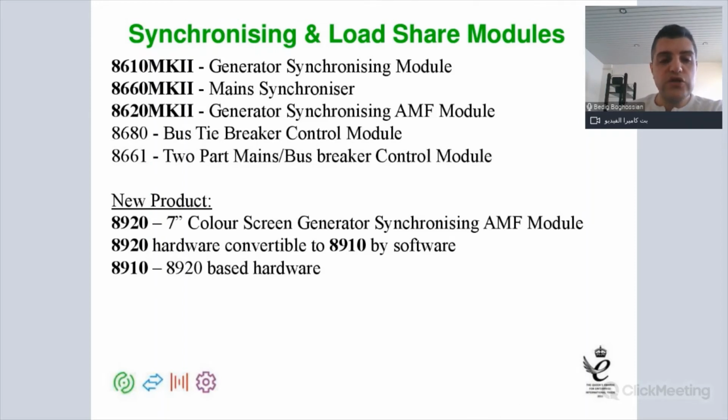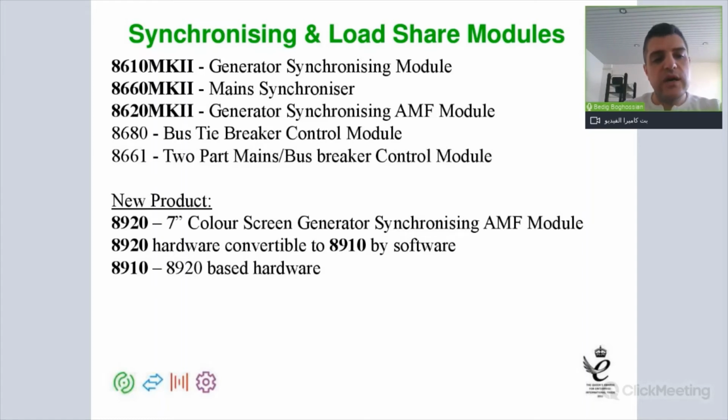If you got one generator to one mains paralleling application, you simply use the 8620. So again, if you look at the model number, the ending 2 digits stand for the application. We saw earlier that the 20 stands for the AMF variant. So that's for the single generator with a single mains application. But for generators, you use the 10, which is the 8610. But the 8660 is for mains synchronization.